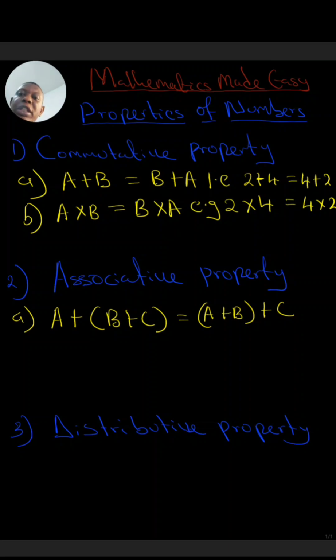But you know the opposite of addition is subtraction, so it does not hold for that. And the opposite of multiplication is division, it also does not hold for that. It only holds for addition and multiplication.